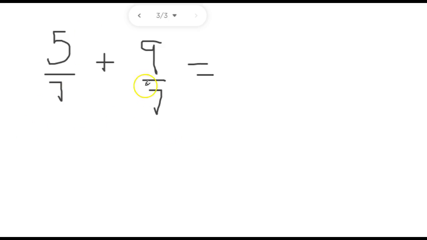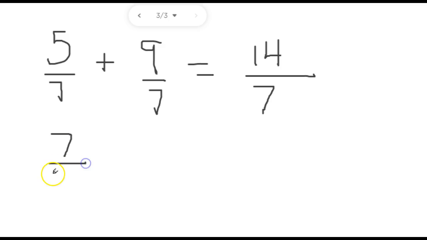All right, so 5 plus 9 is 14. That's 14/7. Okay. So if we break this 14/7 down, that's 7/7 plus 7 over 7, right?